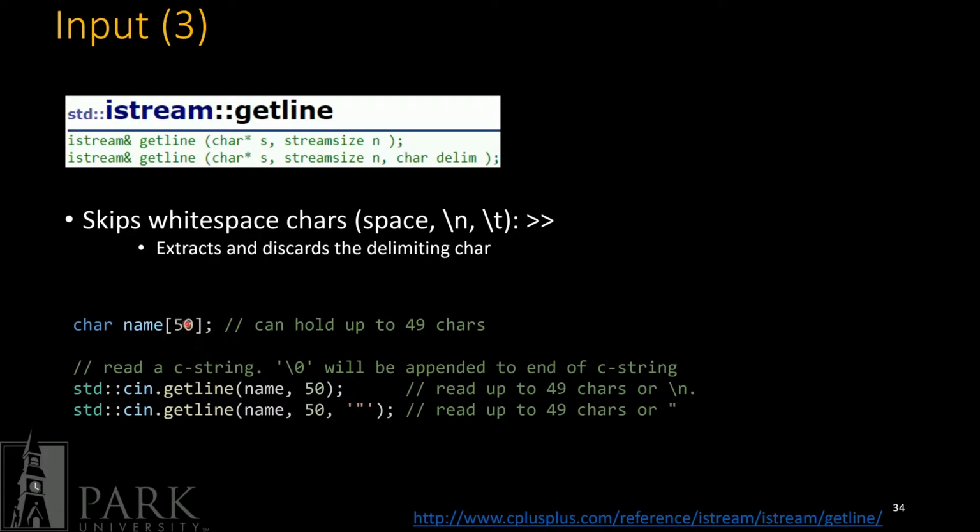We can store up to 50, or 49, characters, and remember, getline is a member function of the istream class. So we call it like this, and we say, I want you to store whatever you read in, at most 50 characters minus 1, in name. So this is a much more convenient way to do that.